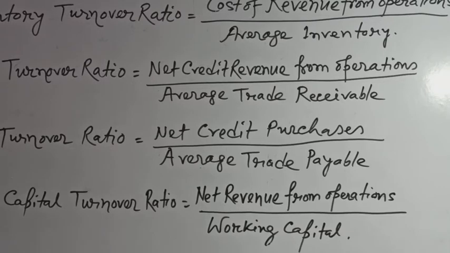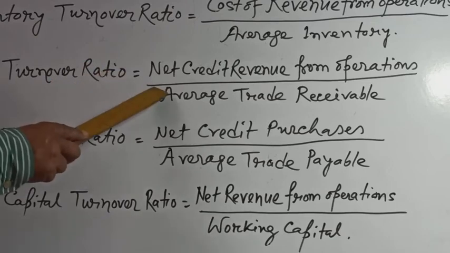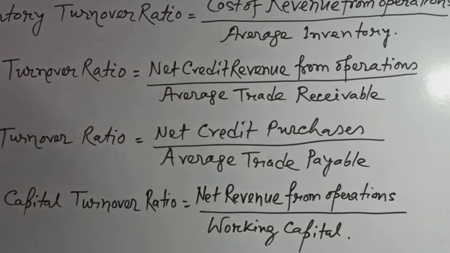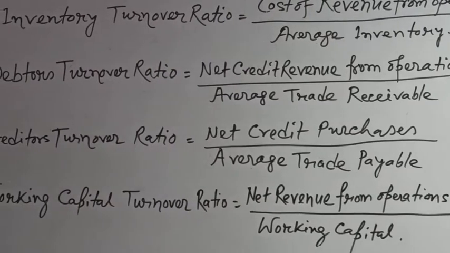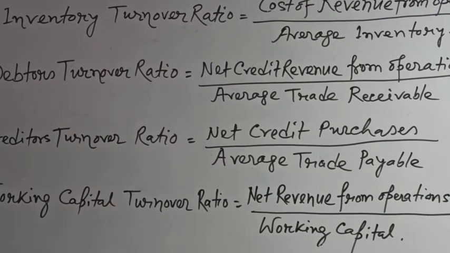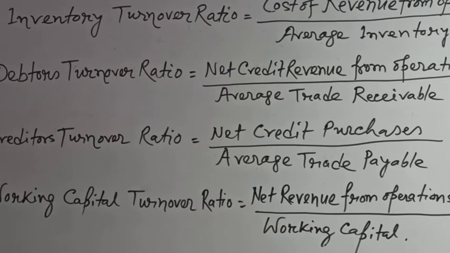And there is also a sub part, average collection period. Average collection period equals 365 days or 12 months divided by DTR, or another formula, 365 or 12 months divided by trade receivable turnover ratio.